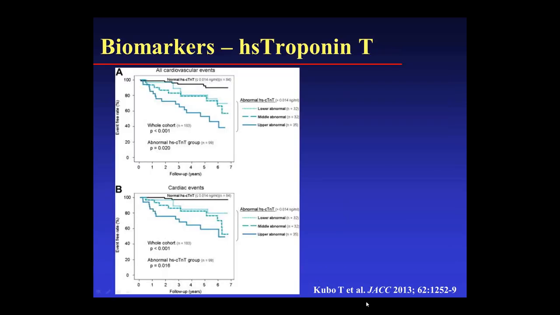This study from the Japanese group, just published a few months ago, showed in a group of about 250 patients that elevated levels of circulating troponin, in this case high sensitivity troponin T, a newly recognized biomarker, were associated with adverse prognosis in HCM. Patients with higher levels did worse than patients with lower levels. So this is another marker that we'll be looking at in the HCMR study.